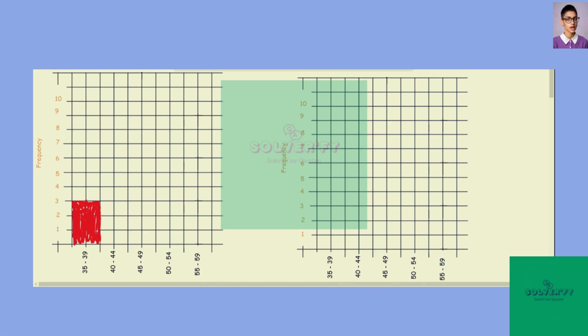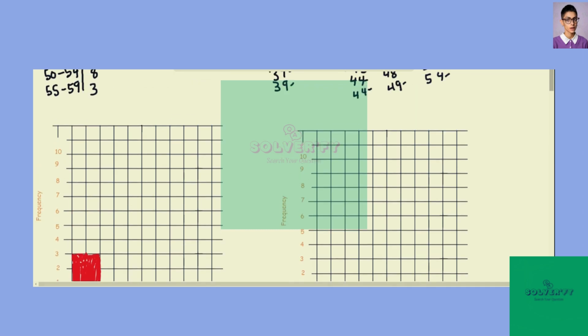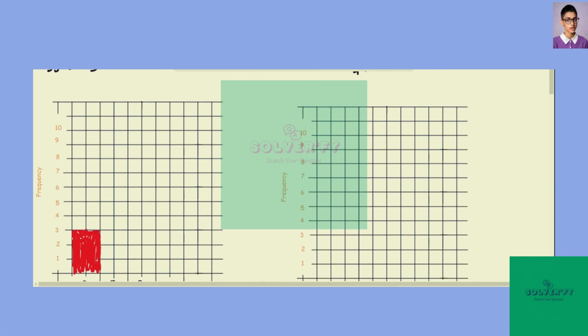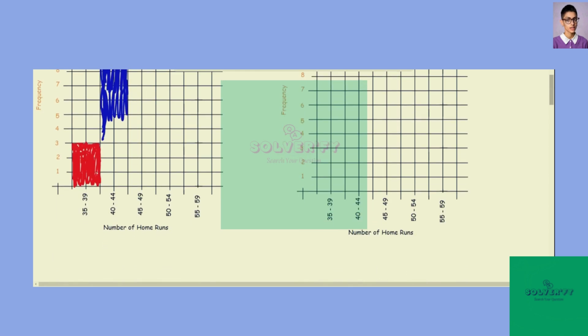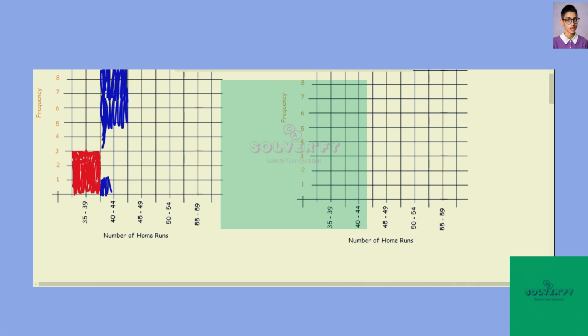Okay, then 40 to 44, we had 10 in that class. So I'm gonna have to color all the way up to here. Guess I shouldn't have made them quite so wide. Oh well, it'll look neat when I'm done.